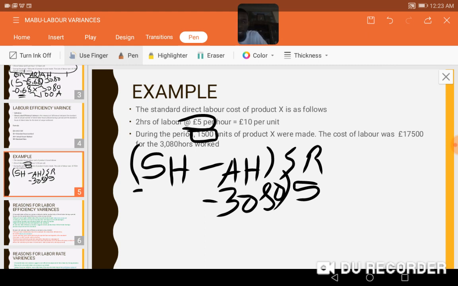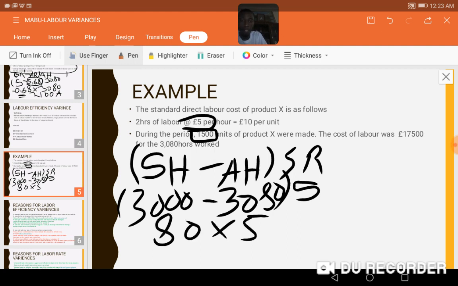Therefore, it's 3000 here, minus 3080, which is 80. Multiply the difference by 5 and you get 400. Remember, the standard hours are less than the actual hours, therefore it's going to be adverse. That's it.